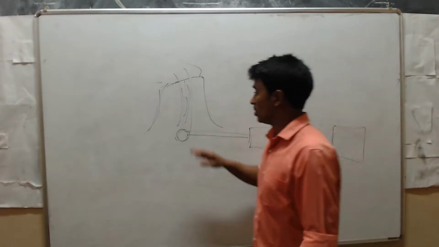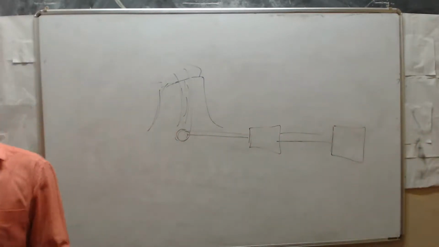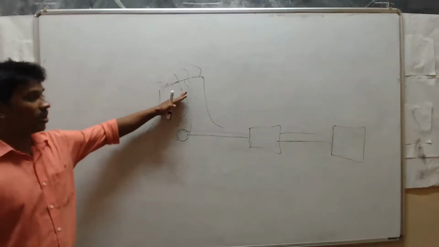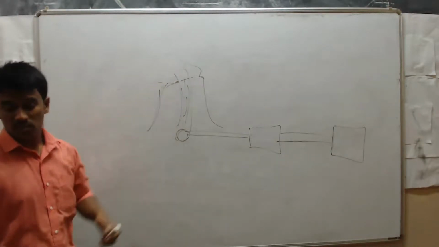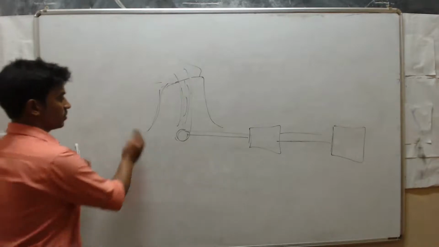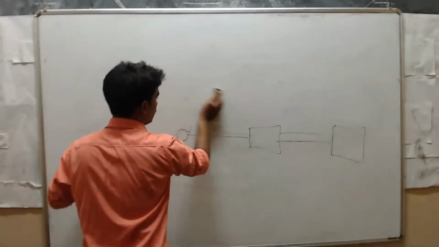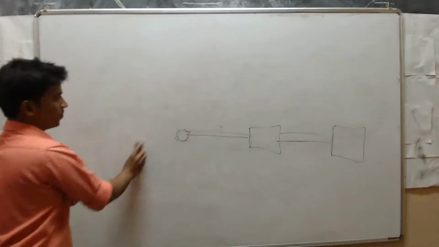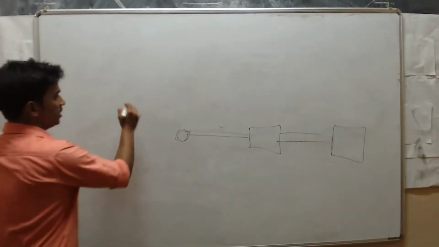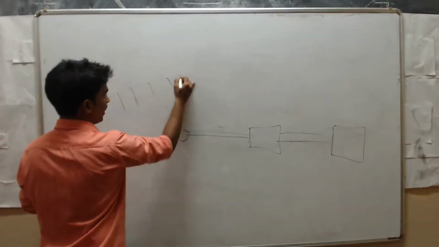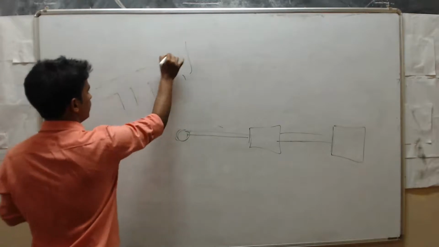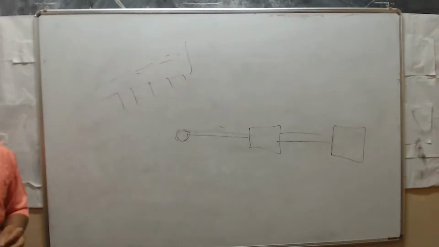Sometimes this water will fall from hills somewhere. Sometimes we use dams, so using a dam also we can generate electricity. There are so many gates in the dams. When you release the gate, what will happen?